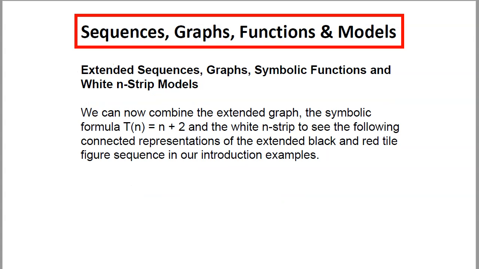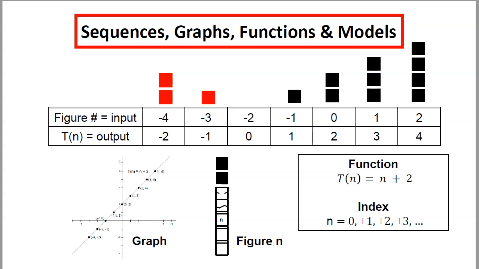We can now combine all these features to get a bigger picture. So here is our graphical representation, and our figure n is a white end strip and 2 black tiles. Our function is t of n equals n plus 2, and our index is the integer 0, ±1, ±2, etc. Let's see why figure n, the white end strip and 2 black tiles, works.